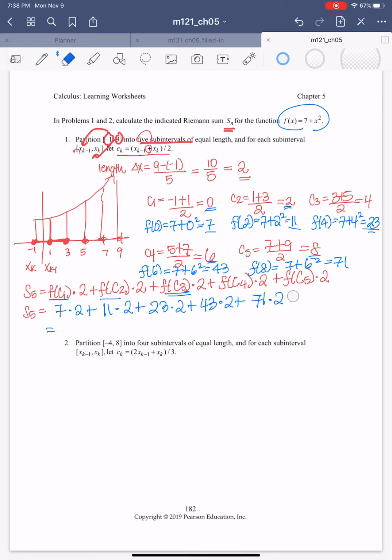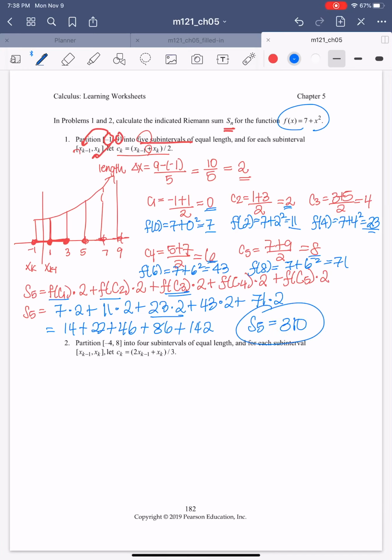Let's do some math. 7 times 2 is a 14. Plus 11 times 2, 22. Plus 46. Plus 86. Plus 142. So your sum of 5 is equal to 310. Okay? So 310.